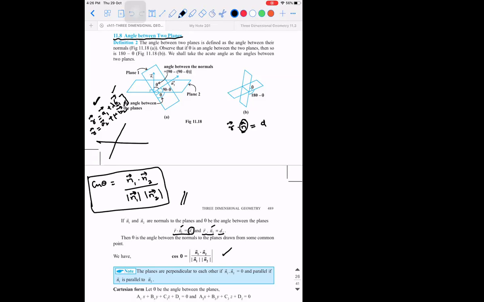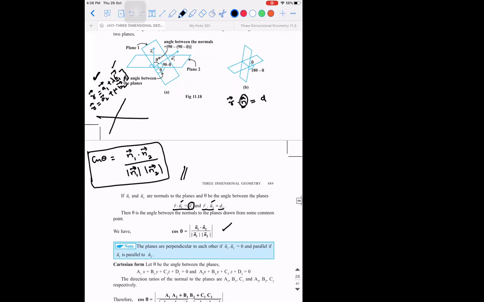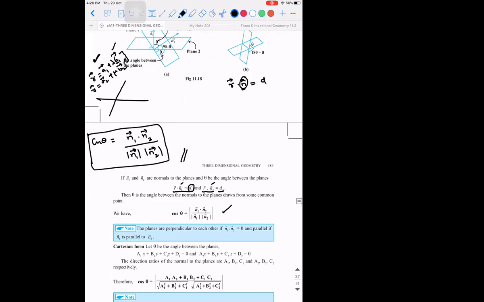N vector is perpendicular to the plane. Got it? Shall we do a problem?